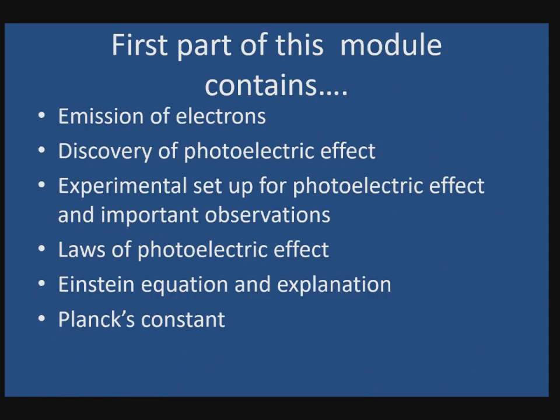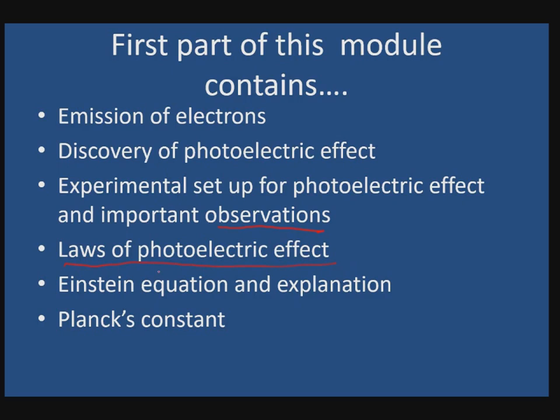Now in this module, what I'm going to discuss with you all is emission of electrons, the discovery of the photoelectric effect, which was done by Heinrich Hertz in the lab. Then an experimental setup, a very important setup done by his associates Lenard and Hallwachs, and some important observations were made, which later became the laws of photoelectric effect.